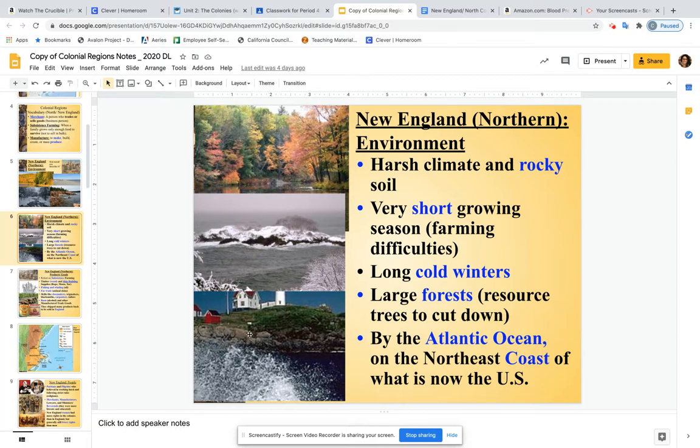By the coast, it is definitely very rocky, and we saw in the America, the Story of Us video before this that there were Native American tribes who taught Plymouth settlers how to put fish in the soil to fertilize it more. Now in this region, they do have a lot of large forest. Even today, they have more forest than we would see here, like in the valley. And this does become a very important resource to them. Okay. And they are on the Atlantic coast.